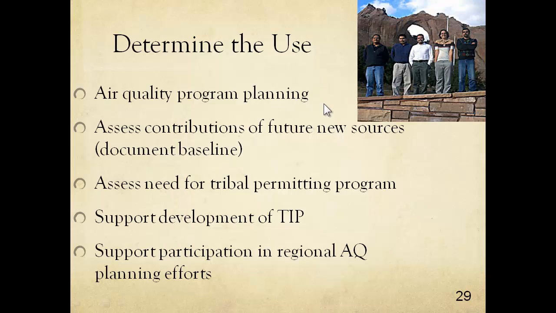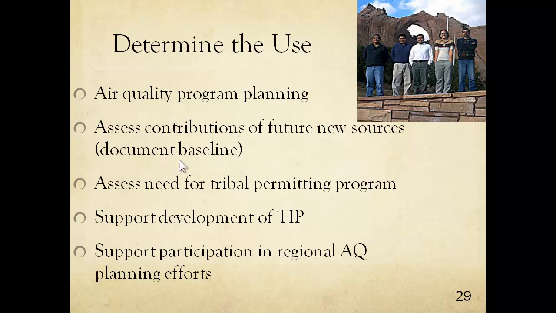It's important that you understand the uses to which your emissions inventory is going to be put. It's the foundation for your air quality program planning. And these people at Navajo Nation EPA prepared an emissions inventory as one of the first steps towards deciding what monitoring needs to be done.